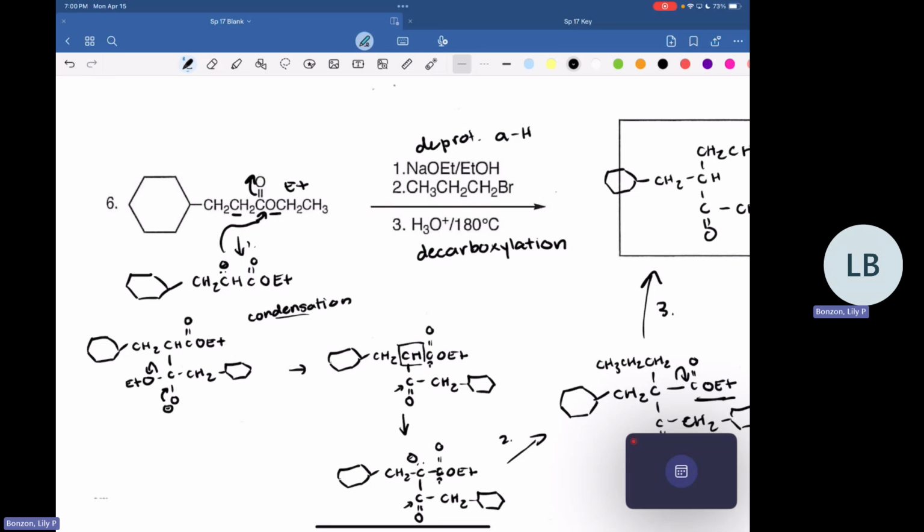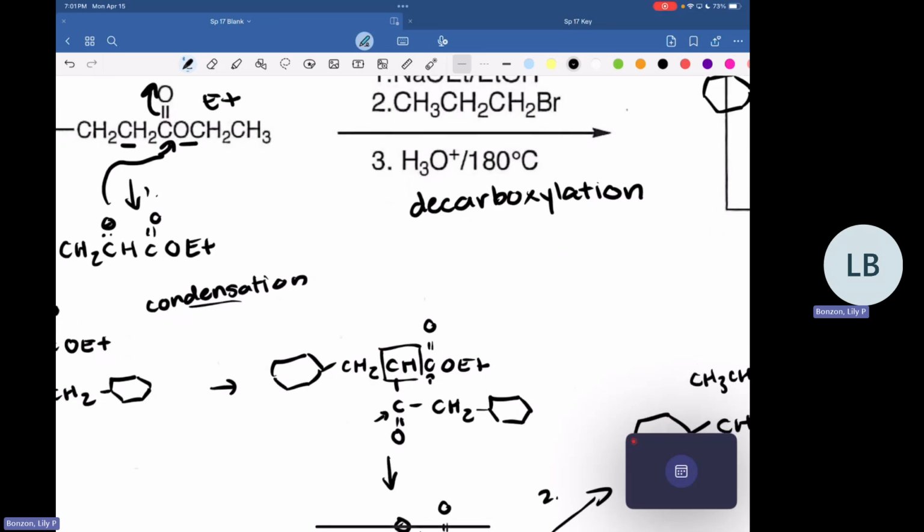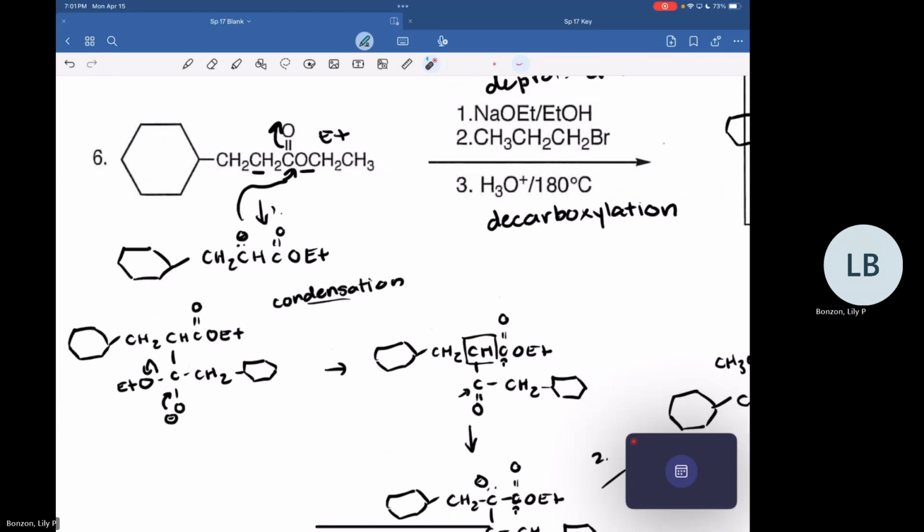So when you have it in the solution, anytime you form any hydrogens that are very acidic, in this case this hydrogen right here is very acidic because it's in between two carbonyls, the NaOEt is just going to deprotonate that as well. Well, that's kind of ahead of what you asked me.